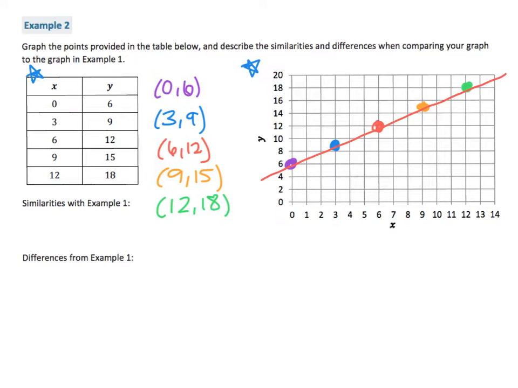Notice it's a nice straight line. So is this graph proportional though? Remember, proportional graphs are a straight line, which we have, but they go through the origin. This graph did not go through the origin, so it is still not proportional.